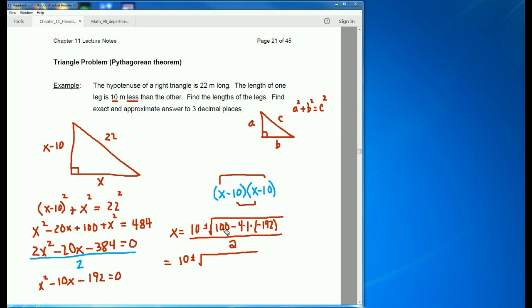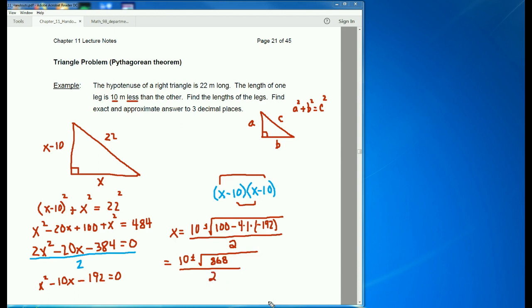So it's going to be 100 plus whatever this is. And that is 192 times 4 is 768. So we're doing 100 plus 768, which is 868, and then divided by 2.